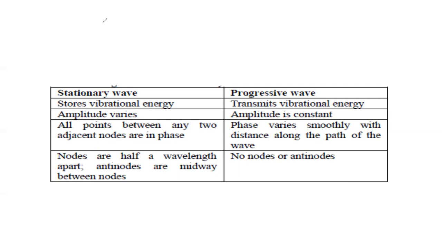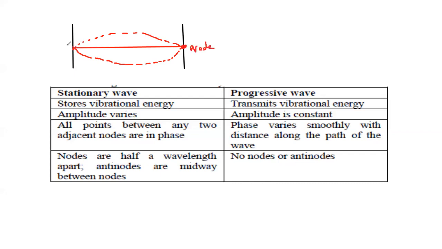For example, if we have a rubber band and we stretch it between two points and disturb it, the rubber band will vibrate. This is how it will appear. What does it mean that all the points between two adjacent nodes are in phase? A node means the region where the amplitude is 0, and this is also a node.